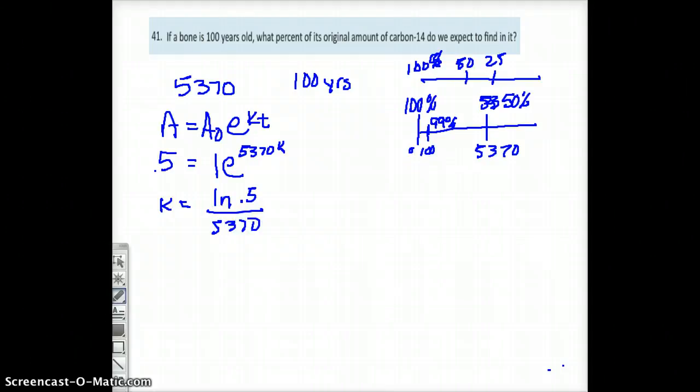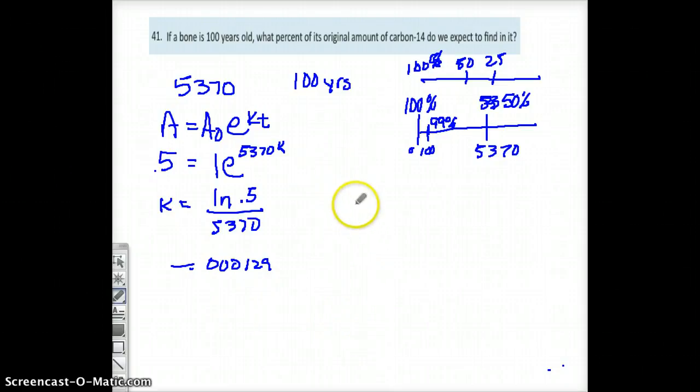Keep in mind that it's going to be negative. Now I have a very, very small number: negative 0.000129. I would do at least 3 decimal places past the 3 zeros.